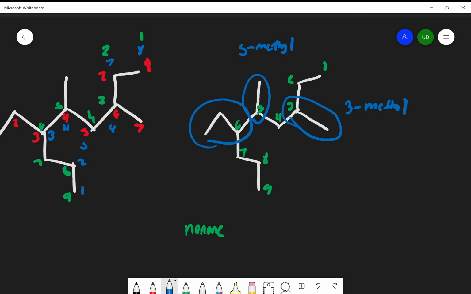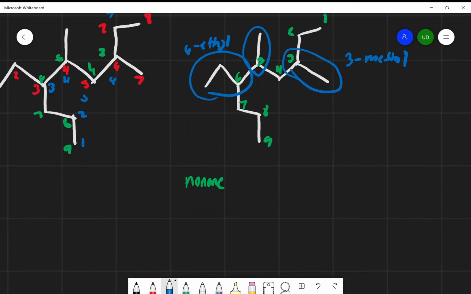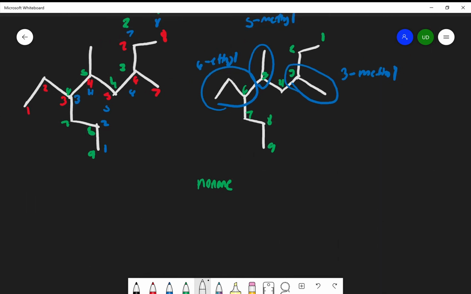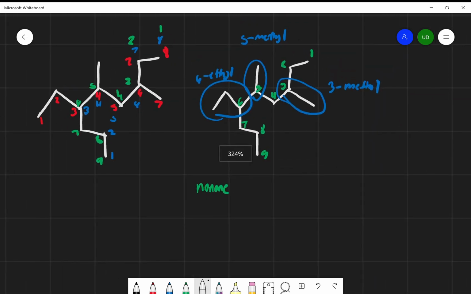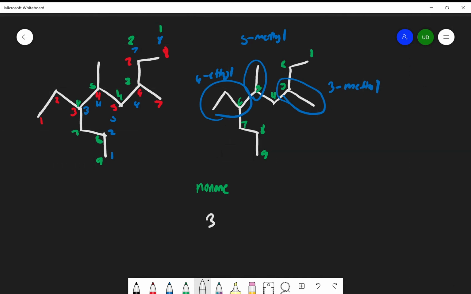Carbon 6 is a little bit different. There are 2 carbons present, so that'd be 6-ethyl. So when we name this compound, you want to start using the substituents first. So we have 3-methyl. But if you start with that, it'd be incorrect because you've got to remember the alphabet.